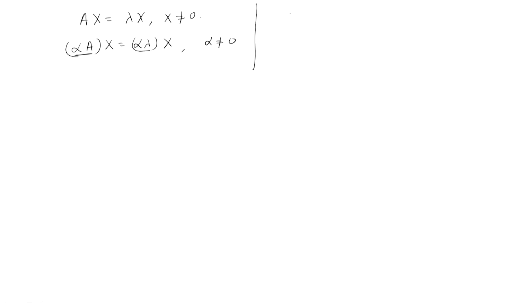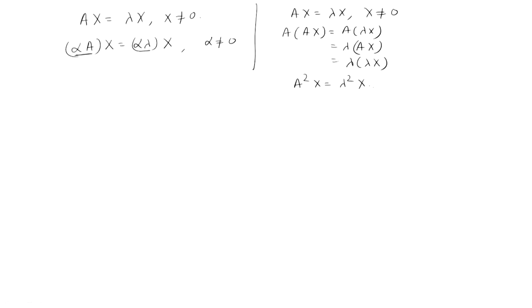Now, for A square: Ax equals lambda x, x not equal to 0. If you multiply both sides by A, it is A times Ax equals A times lambda x, which is lambda times Ax, and Ax is lambda x, so it is lambda square x. So, A square x equals lambda square x. What we can say is that if A has an eigenvalue lambda and the corresponding eigenvector is x, then A square has an eigenvalue lambda square and the corresponding eigenvector is x.